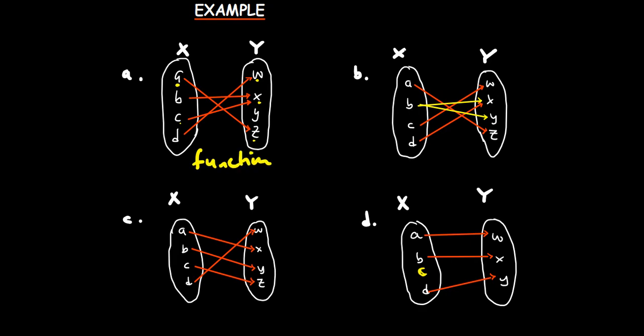Now let us look at B. When it comes to B, we see that A is mapped to Z, B is mapped to X, but again B is mapped to Y. Then we have C to W and D goes to X. So this is not a function because B is mapped to two different elements, X and Y. From the definition, B must be mapped to only one unique element.